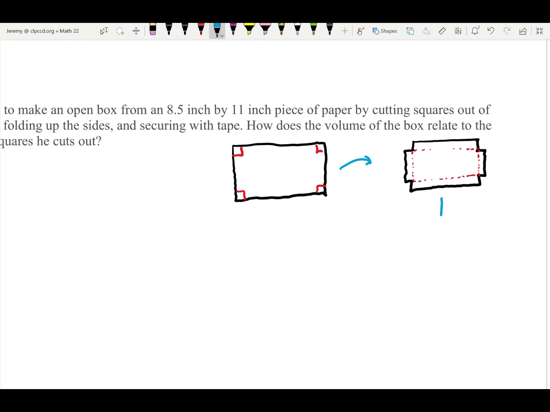So the last step is you fold up those flaps and you end up with a shape that looks like this.